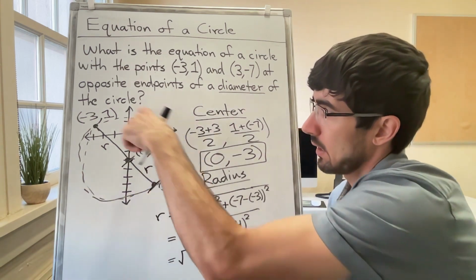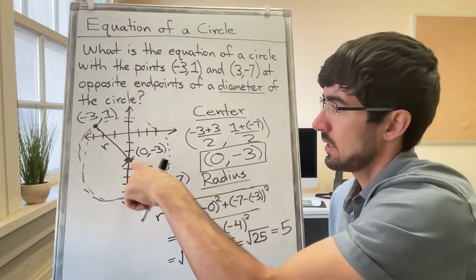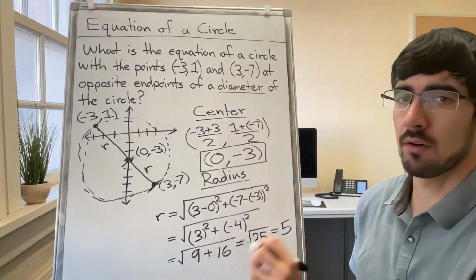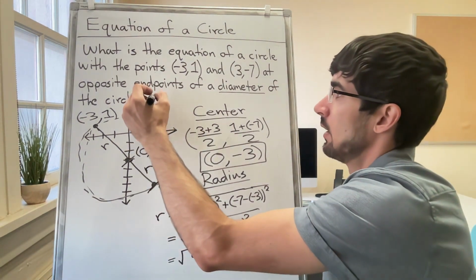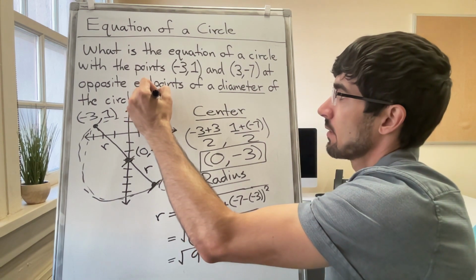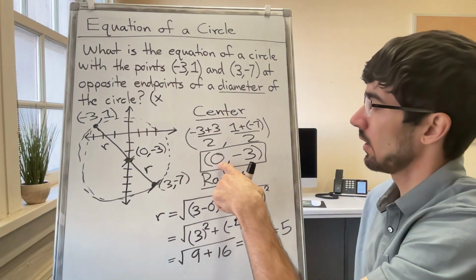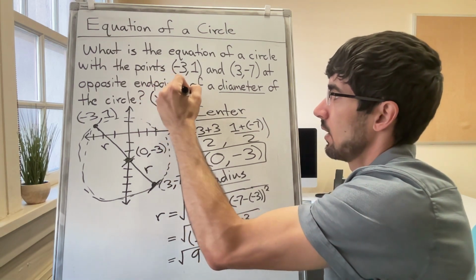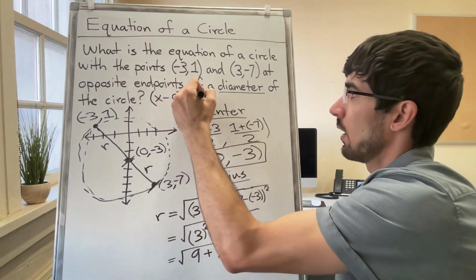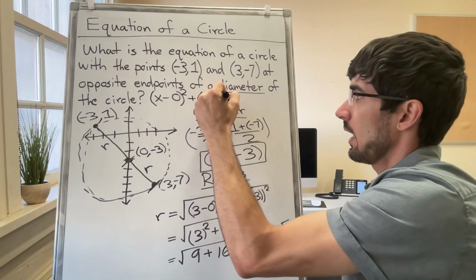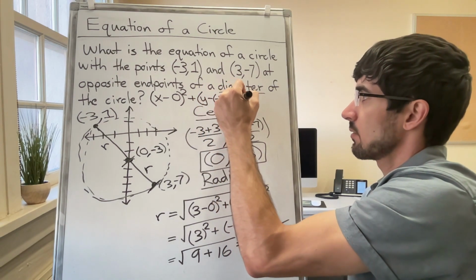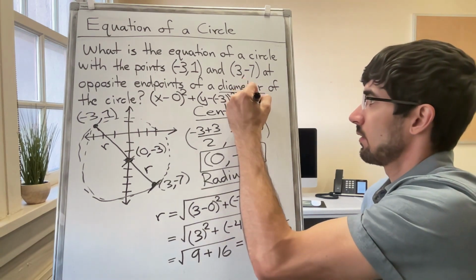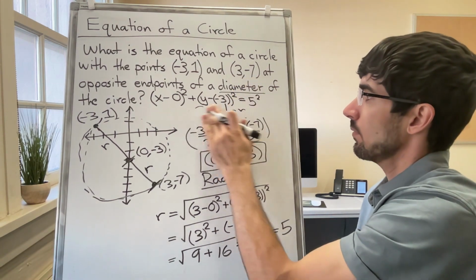All of these points on the circle are the same distance away from the center. So what's the equation of our circle? Let's write it up here. Now that we have it, we say it's (x - h)². So x minus h is 0, (x - 0)², plus (y - k)², (y - (-3))², equals r². r is 5, and so I'll put in 5².